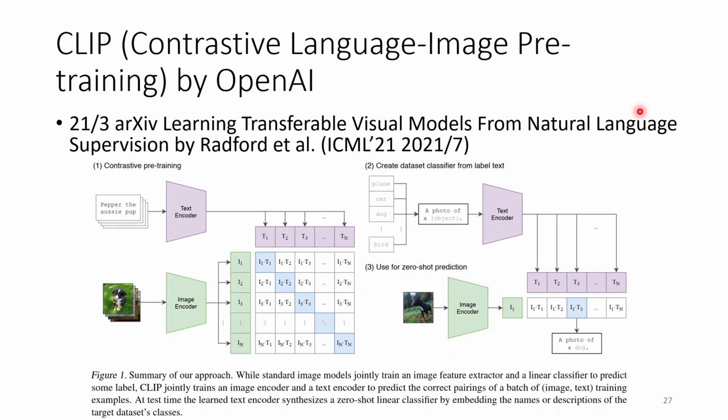And CLIP uses a direct approach. Given a lot of images, they train the encoder and the decoder directly. They didn't do it this way. They use existing architectures to do it. All right, so let's take a break.